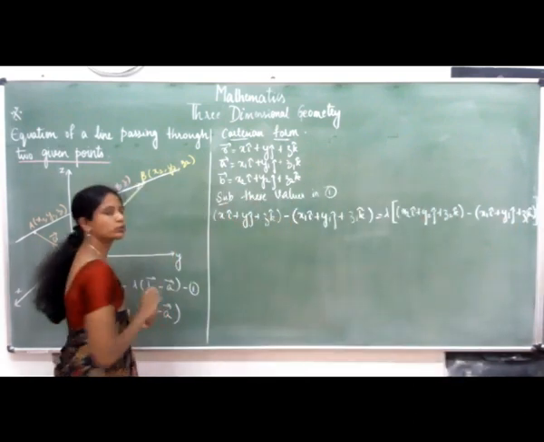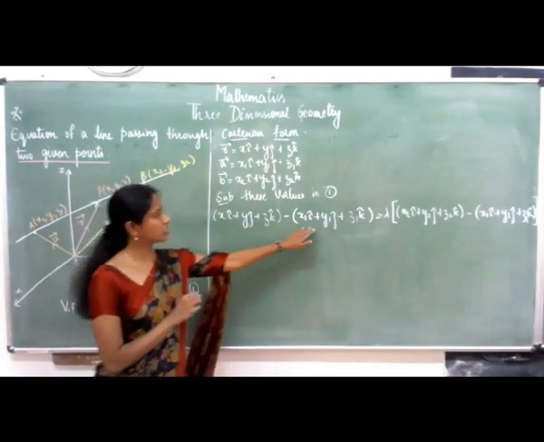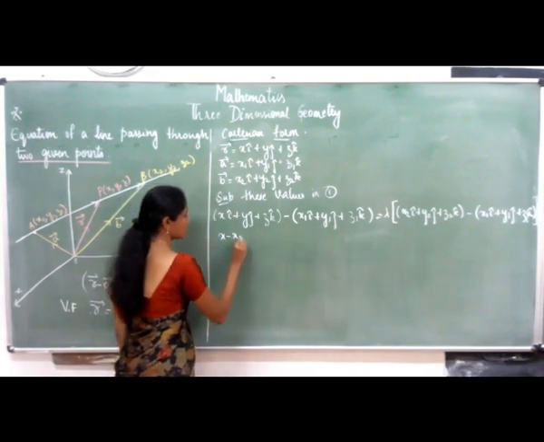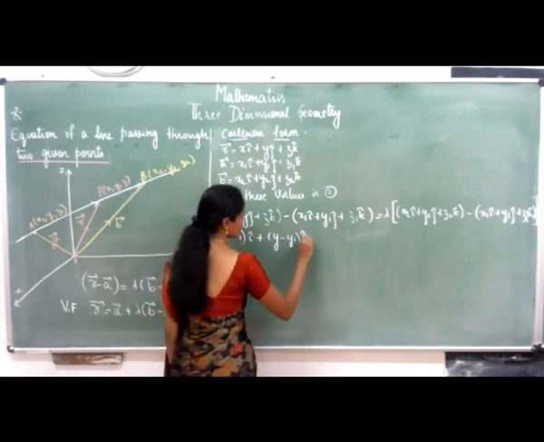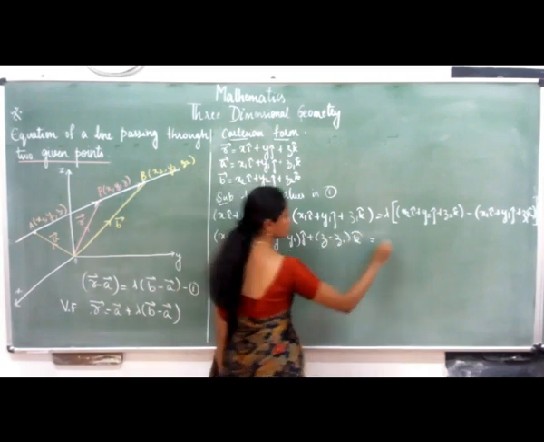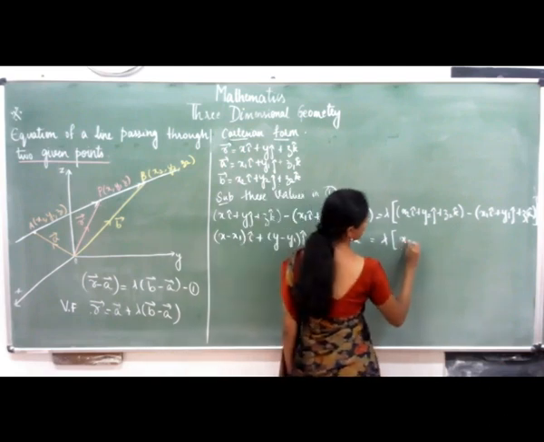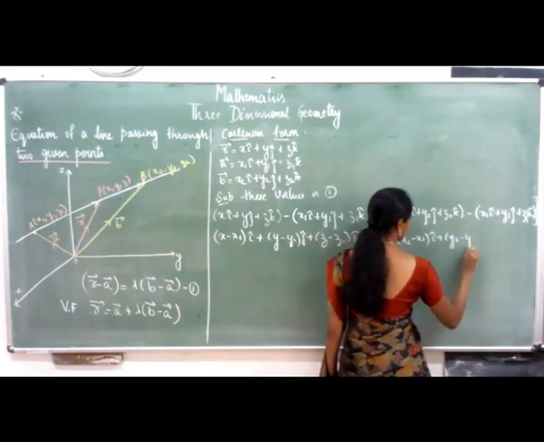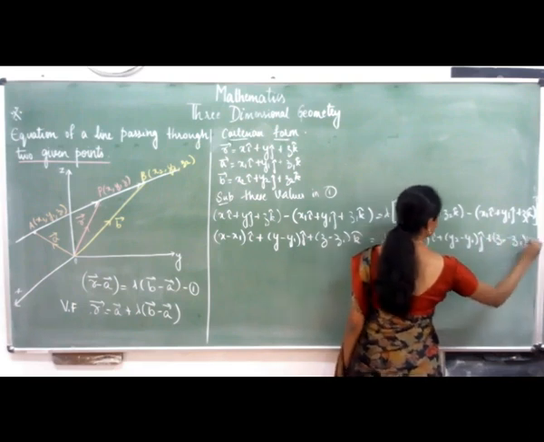So subtracting the two vectors, we get x minus x1 i cap plus y minus y1 j cap plus z minus z1 k cap, which is equal to lambda times. Again here also we are going to subtract the two vectors. So we get x2 minus x1 i cap plus y2 minus y1 j cap plus z2 minus z1 k cap.